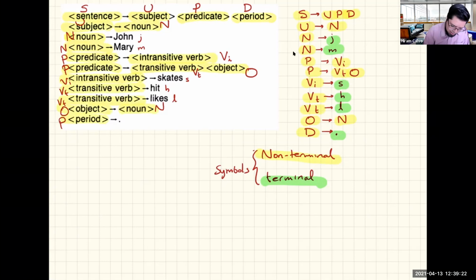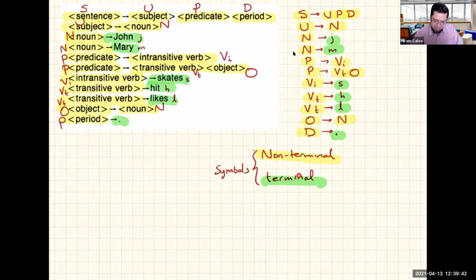There are two ways of showing terminal and non-terminal symbols. So from now on, in our automata, we will be using this notation: capital letters for non-terminal and lowercase letters for terminal symbols.